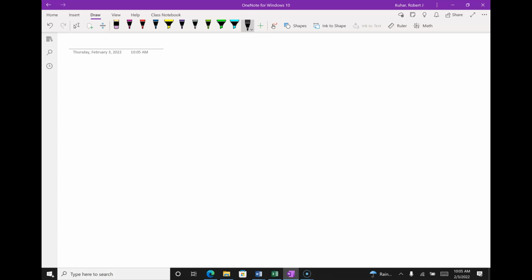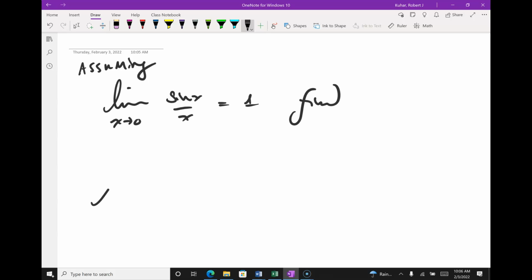So let's take a look at the limit. So assuming the limit as x goes to 0 of sine of x over x is 1, find the following. Find the limit as x goes to 0 of sine of 2x over x.